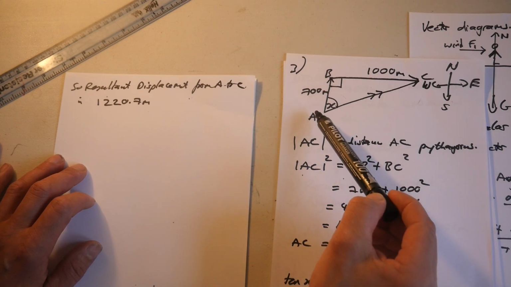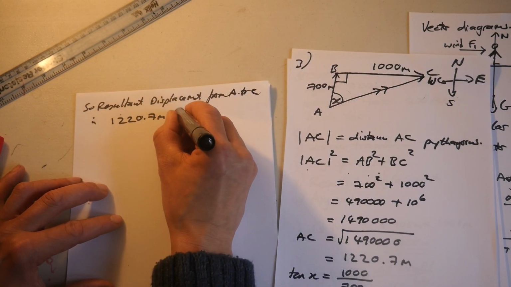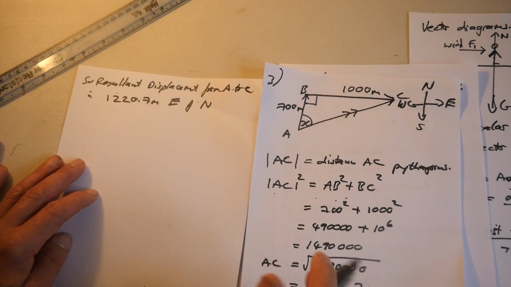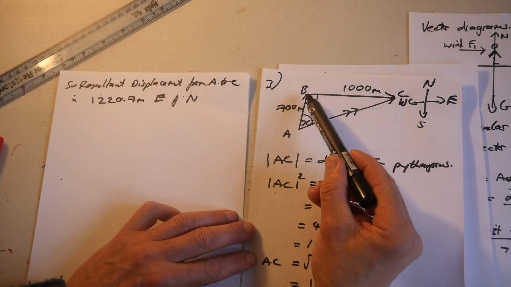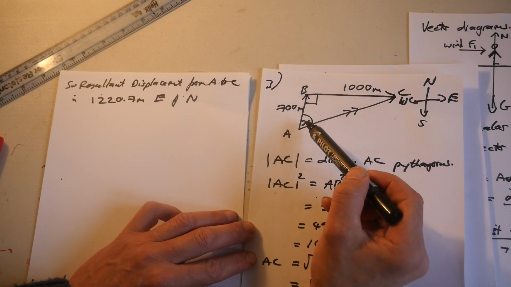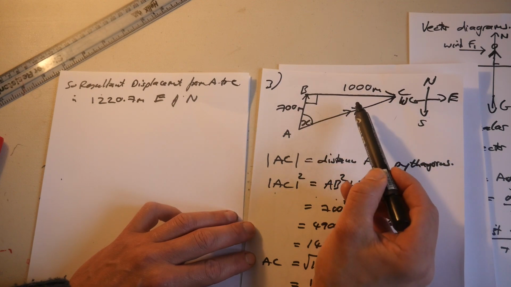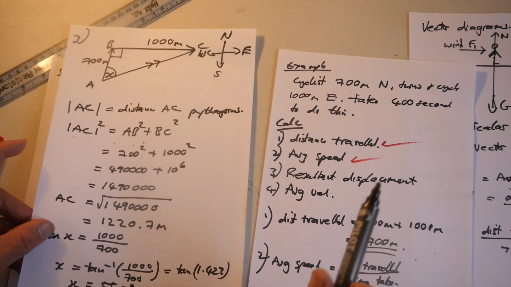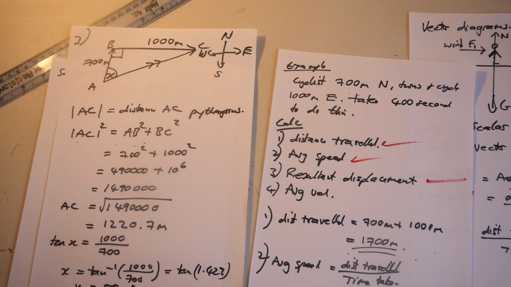So it's going north and then east, so it's east and north. That's the resultant displacement. You're going northward, but you're also going east, so it's 1220.7 meters eastward of north. So that's resultant displacement done.